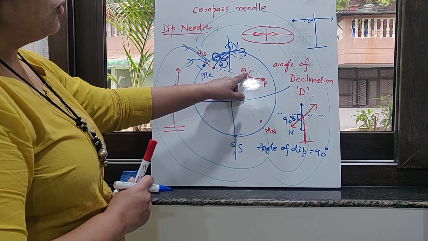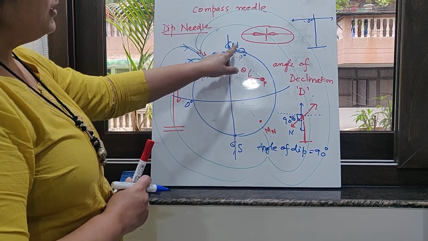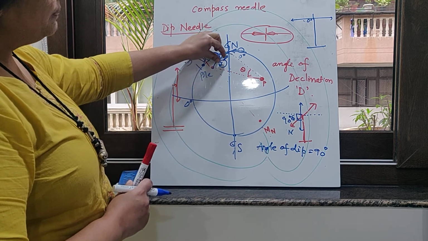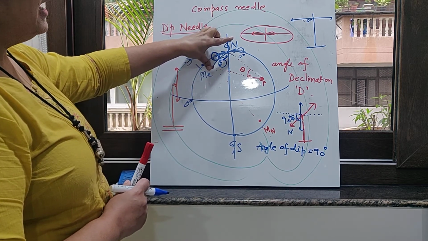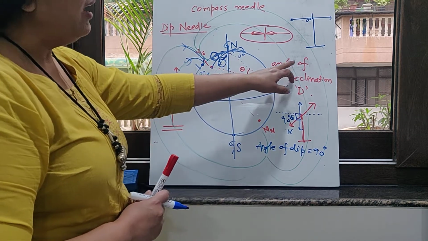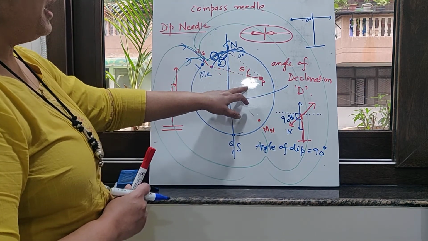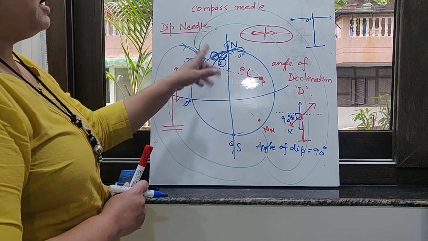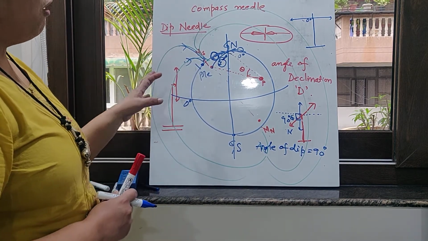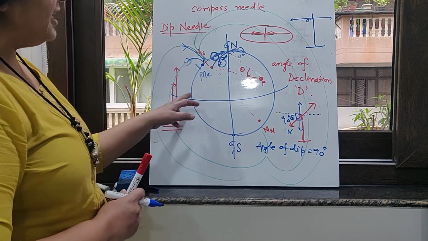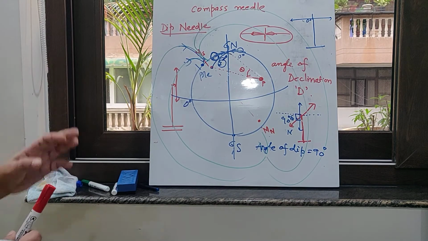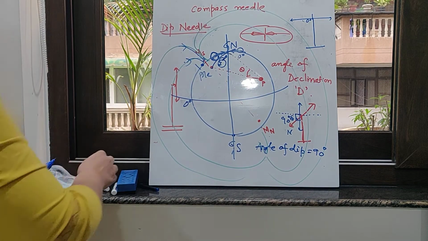Here it is an acute angle. Here it is lying on the same circle, so the angle is 0 degrees. Here the directions are exactly opposite, so the angle is 180 degrees. So the angle of declination can vary from acute to any obtuse angle up till 180 degrees, whereas the angle of dip can take values from 0 degrees to 90 degrees. So this is how we find out both these values.